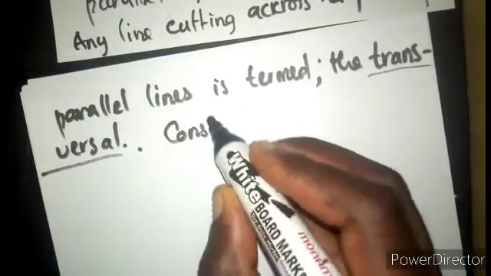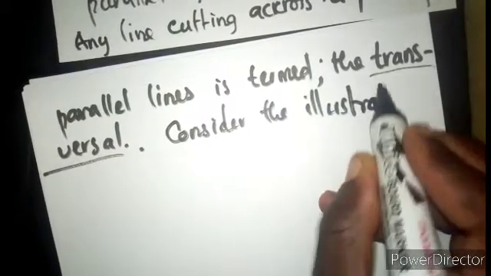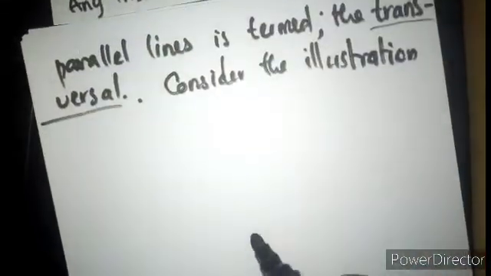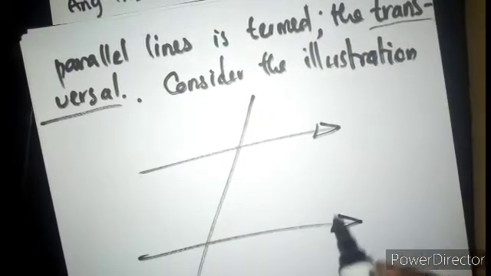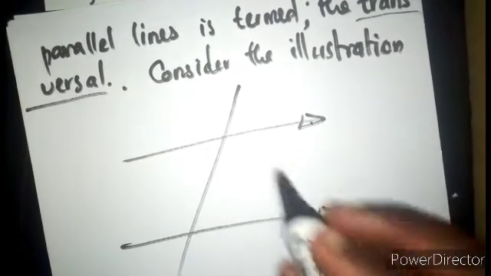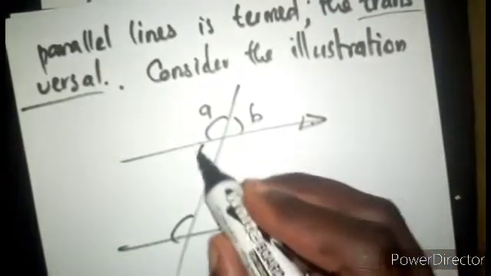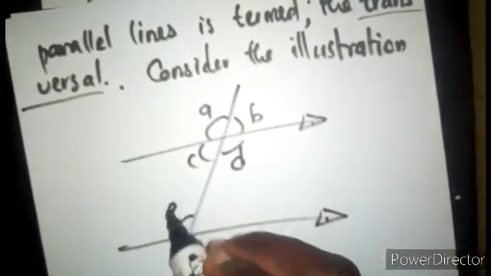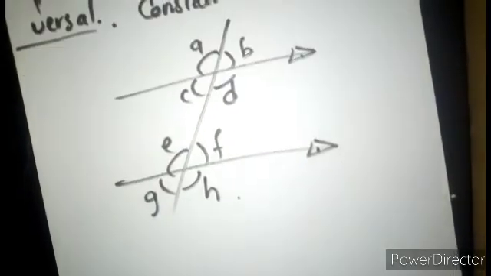So consider the illustration. We assume that these lines are parallel. So we can call the angles A, B, C, D, E, F, G, and finally H. Now, there are three different types of angles we can point out from this illustration.